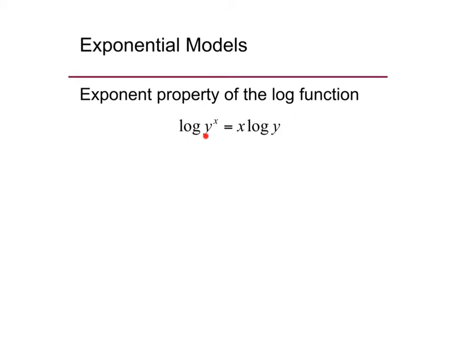When I have the log of some value raised to an exponent, this property says that that exponent can come down in front of my log term like that, and we can rewrite that as multiplication. So the exponent drops down and it turns into a multiplication problem.